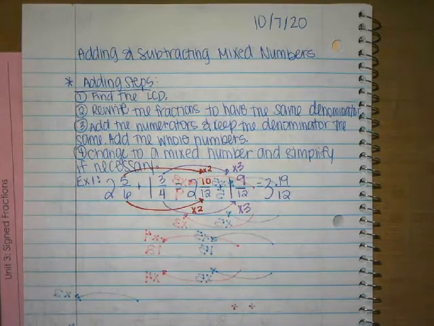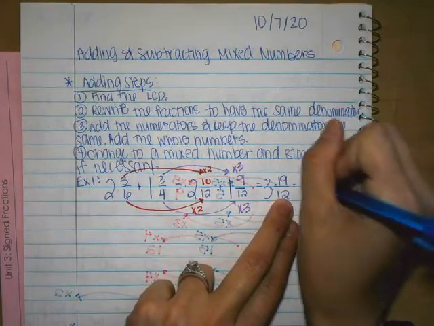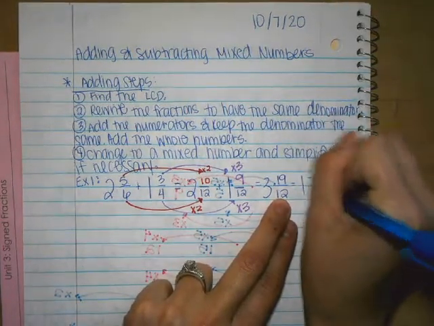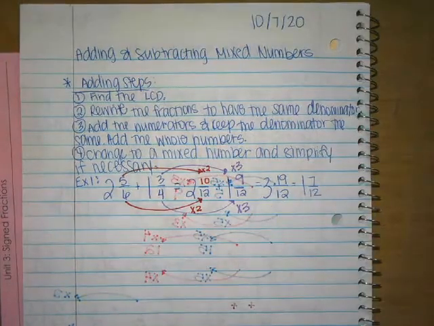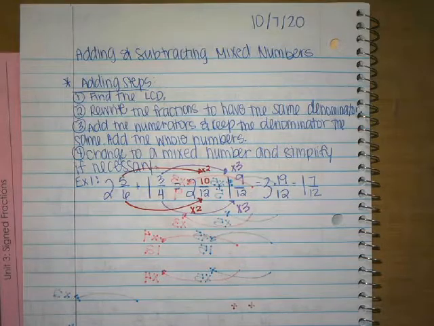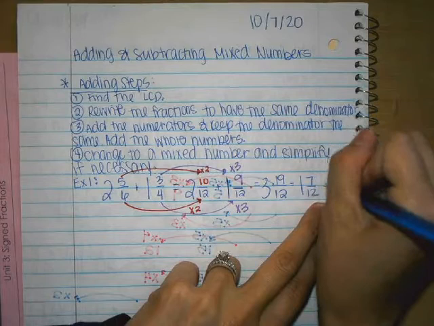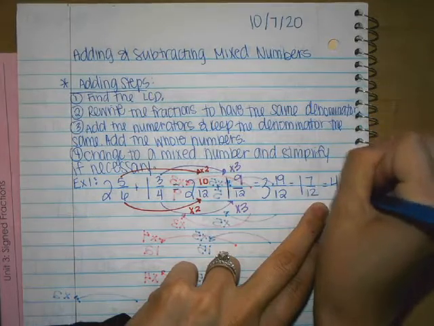So change to a mixed number and simplify if necessary. 19/12. What's that as a mixed number, everyone? So if 19/12 equals that 1 and 7/12, what do I now need to do? Add the 3 to it, which means how many whole numbers do I have? So I get 4 and 7/12.